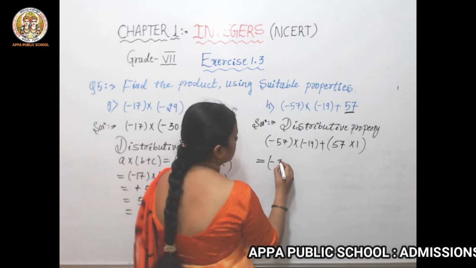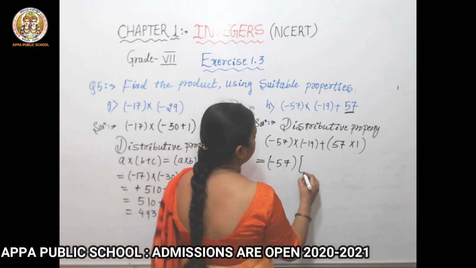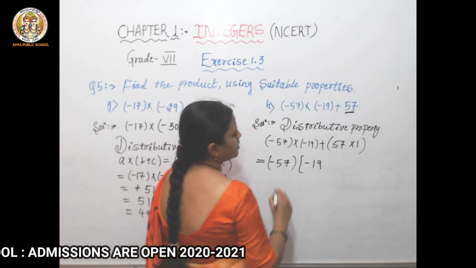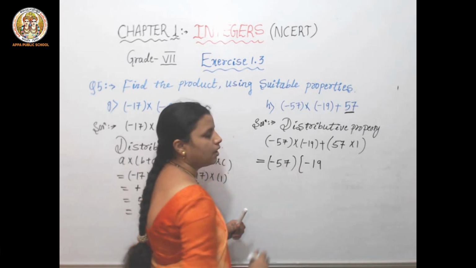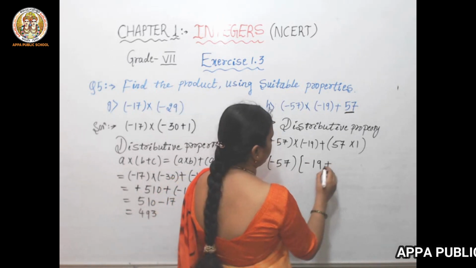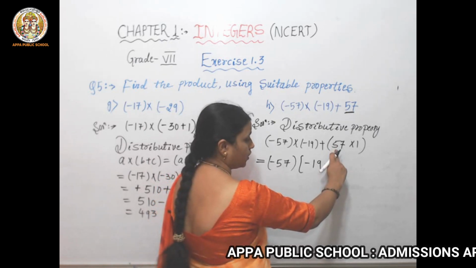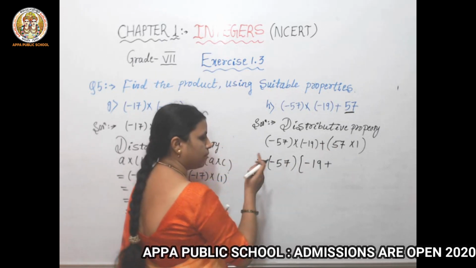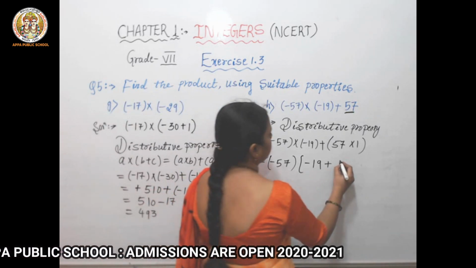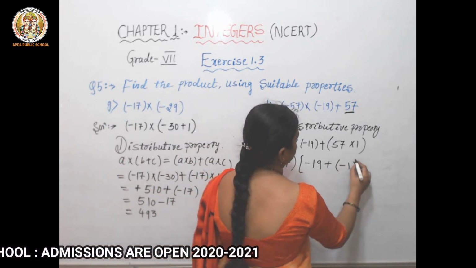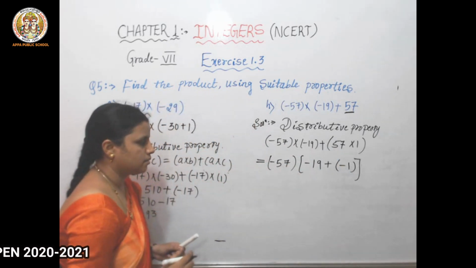I will take here minus 57 as common, so that inside we remain with the minus 90. Plus, see here, as it is here a plus 57, but I took here a minus 57. To make it a balance, I will write here a minus 1. So minus into minus, once again it becomes plus.